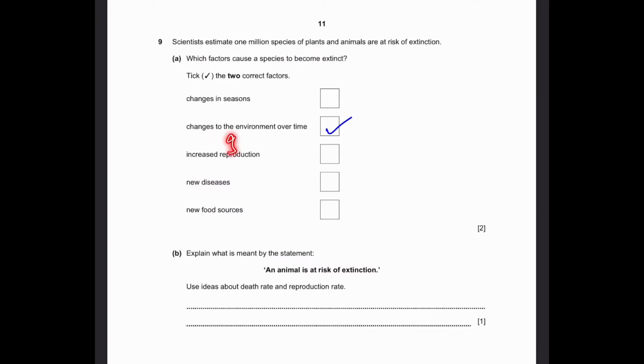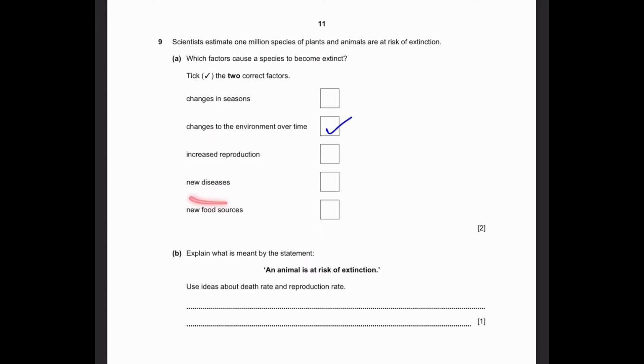For example, global warming can cause extinction of certain animals that live in polar regions or more cold regions, like polar bears or penguins. It could cause a loss of habitat and therefore extinction. Increased reproduction, well, this does not cause extinction, it's the opposite. It causes growth of the animal's species.